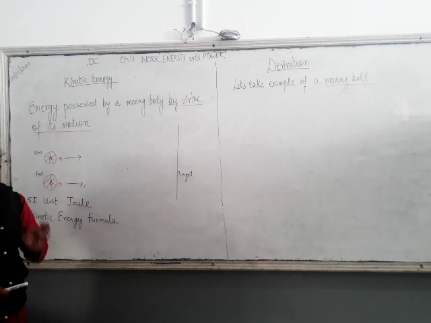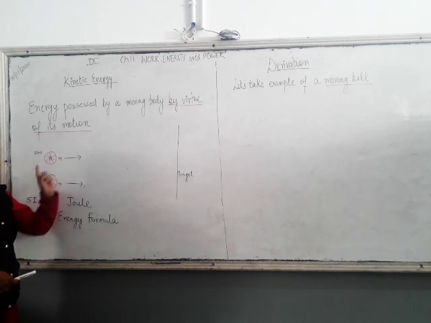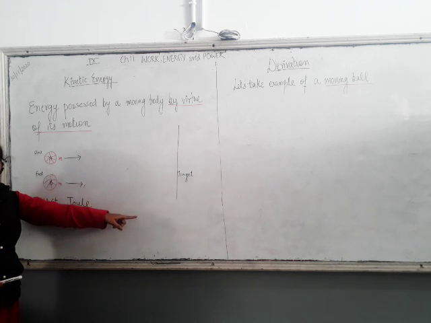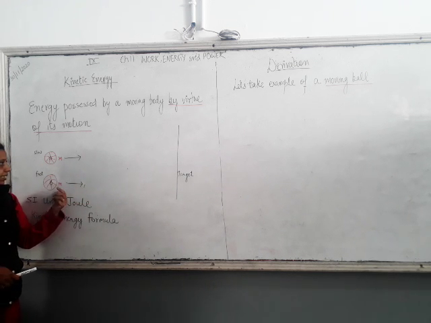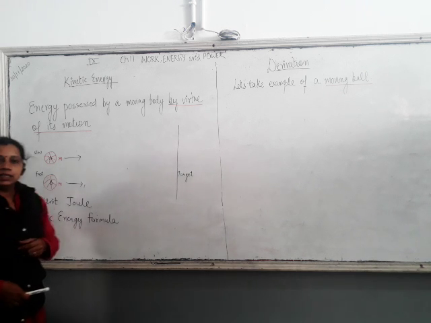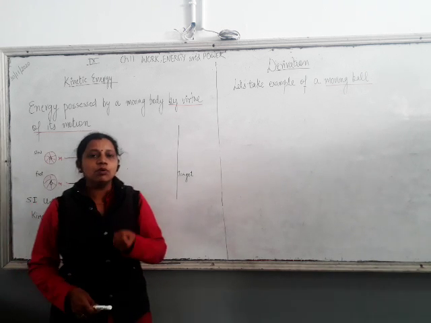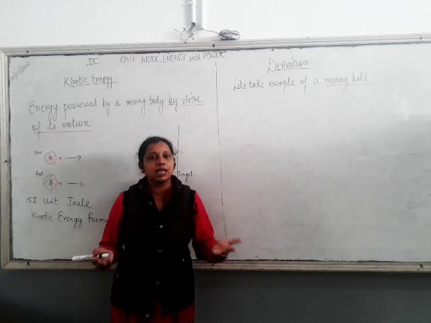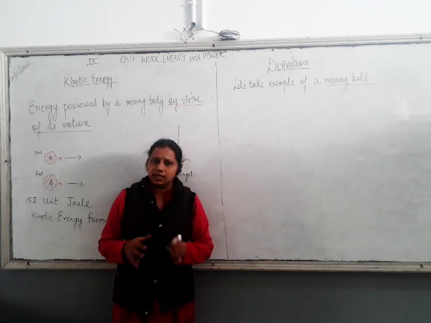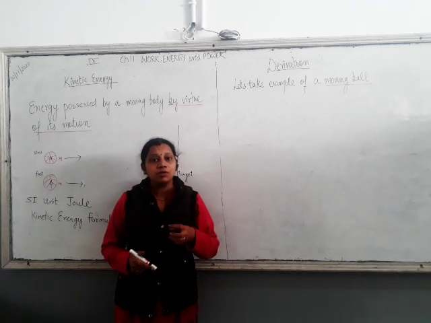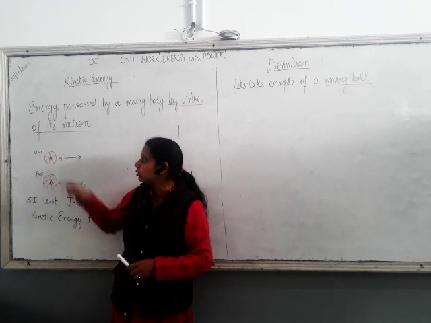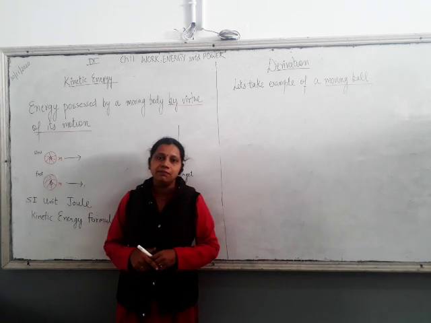Which ball is going to hit harder to this target, fast or slow? Obviously fast. Why? Because it has more force, or you can say because it has more energy. That means a faster ball possesses more energy than a slower ball if they have the same mass.